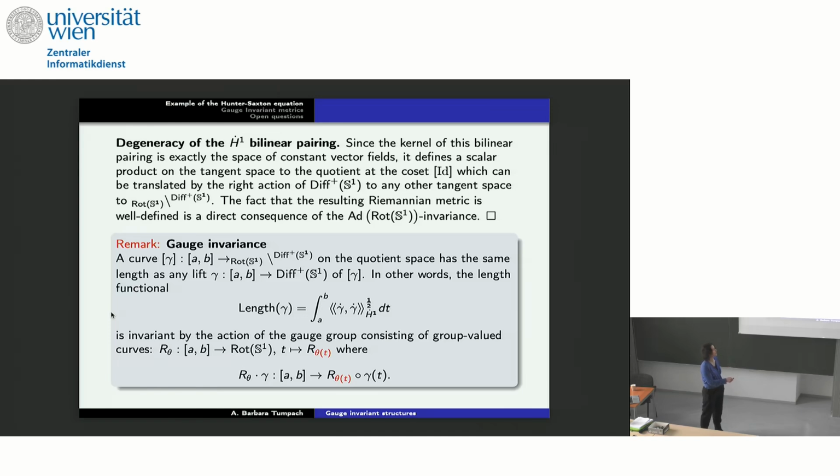The first one is by definition tangent to the orbit, because it is the infinitesimal action of the group of rotations at some point. The first one is vertical, and for the second one you get the derivative of the initial curve composed with some fixed rotation, and since the pairing is invariant by rotation, this will give you the same.